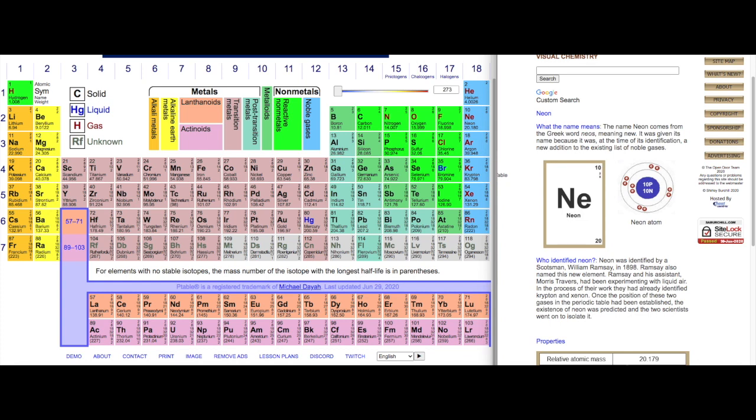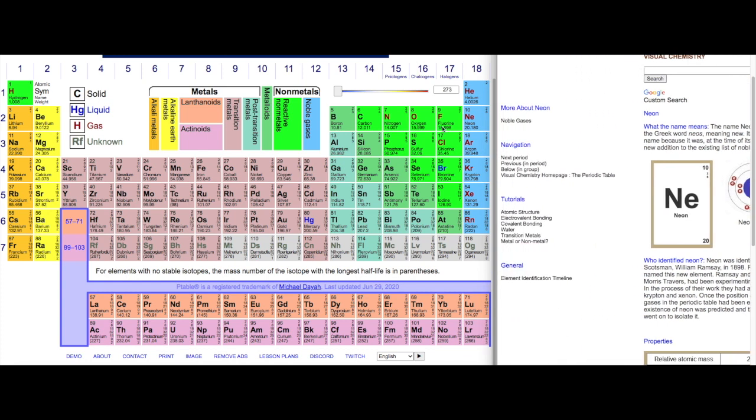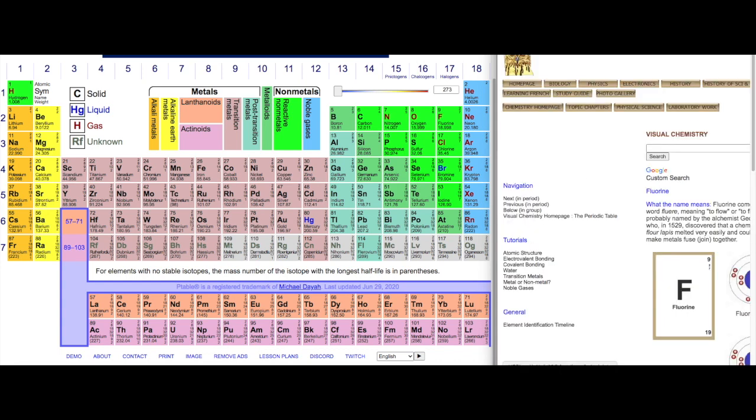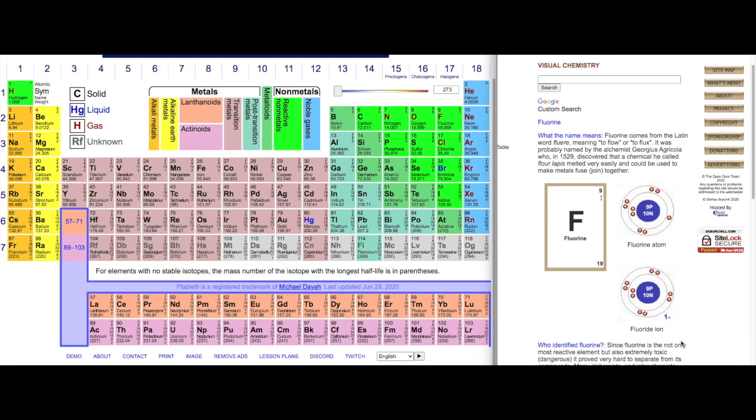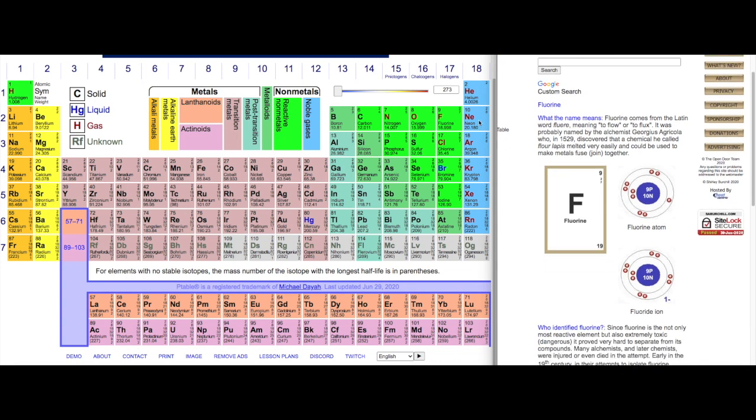And then if we go one to the left of neon to fluorine, because it's one to the left of neon, it has 1 fewer electron when it's neutral, which means it's got this gap here. It wants to have an electron here, and it does not.